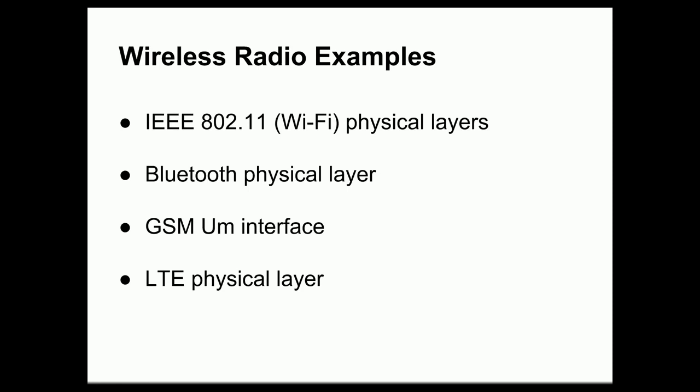For example, for Wi-Fi or 802.11 devices, we actually do have a couple of different physical layer specifications depending on the standard revision. Bluetooth specifies its own type of physical layer, as does the GSM Um interface for 3G cell phones. And for 4G LTE cell phones, there's another LTE physical layer with its own specifications.